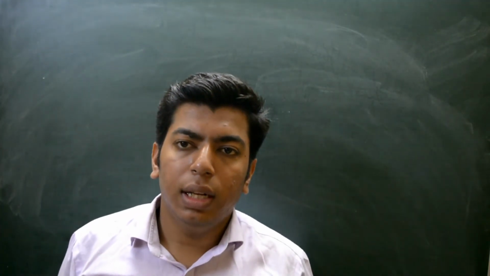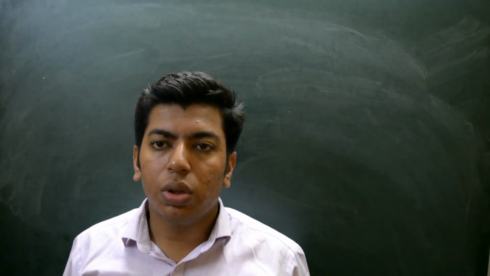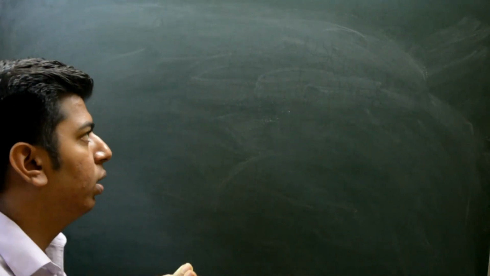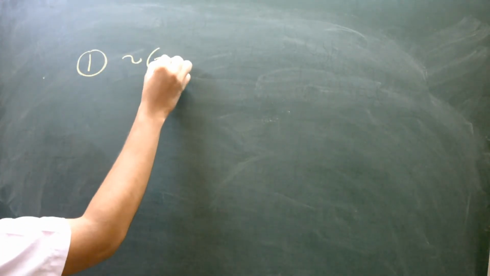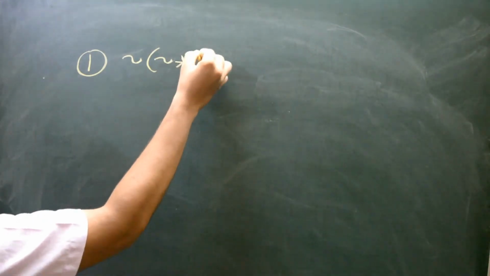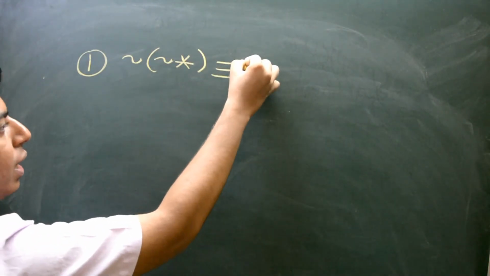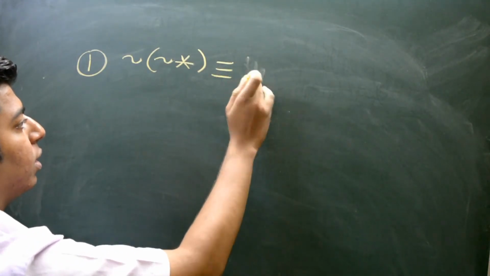Now we will study the application rules of this. There are 5 formulas. The first formula is negation of negation of anything is equivalent to that anything.